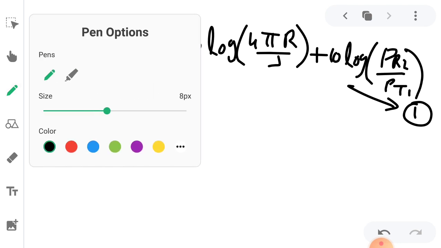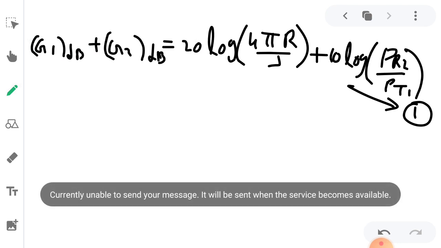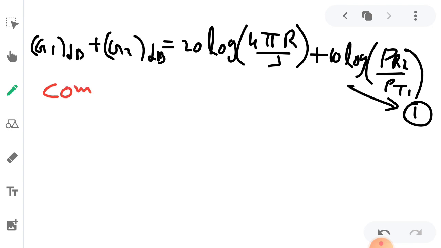Next we take another combination. We can take 2 and 3, or 1 and 3, anything you can take.